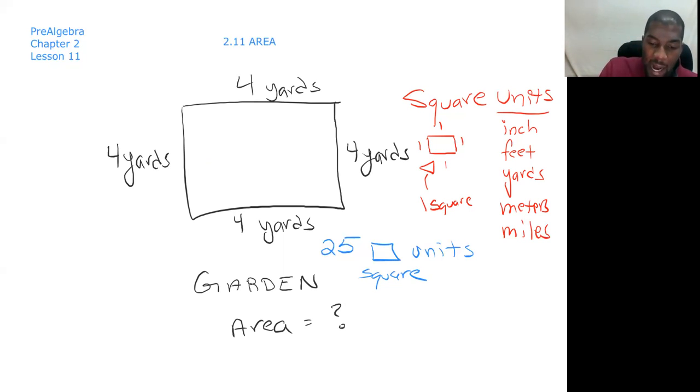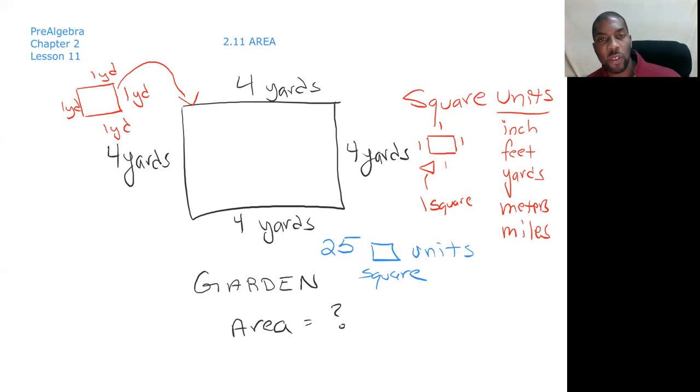So what do I know? I know that I'm dealing with squares that on each side are 1 yard. And there's the abbreviation for yard, YD. And I'm going to see how many of these squares it will take to fill in. Well, if we know that one of these side lengths is 1 yard, so let's say it's 1 yard like this, we can say, hold on, if this is 1 yard, they've told us how many yards go across, and that's 4.